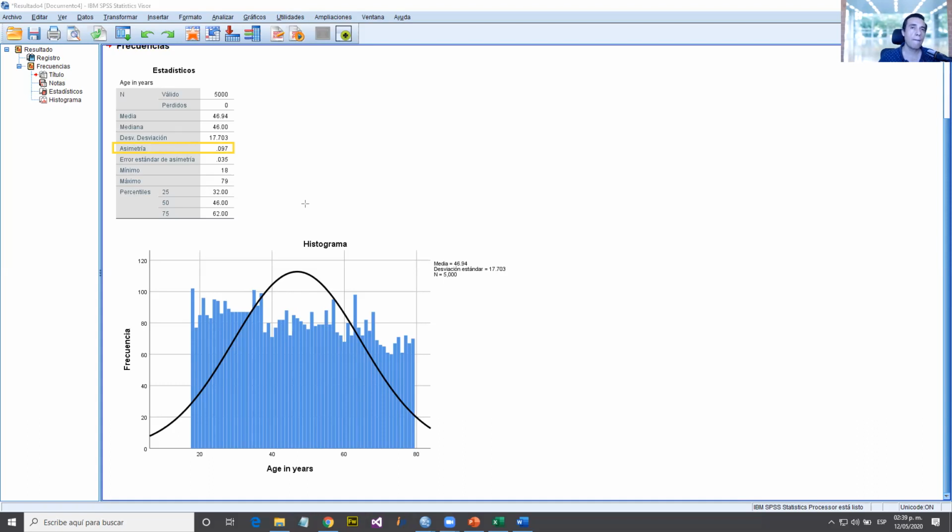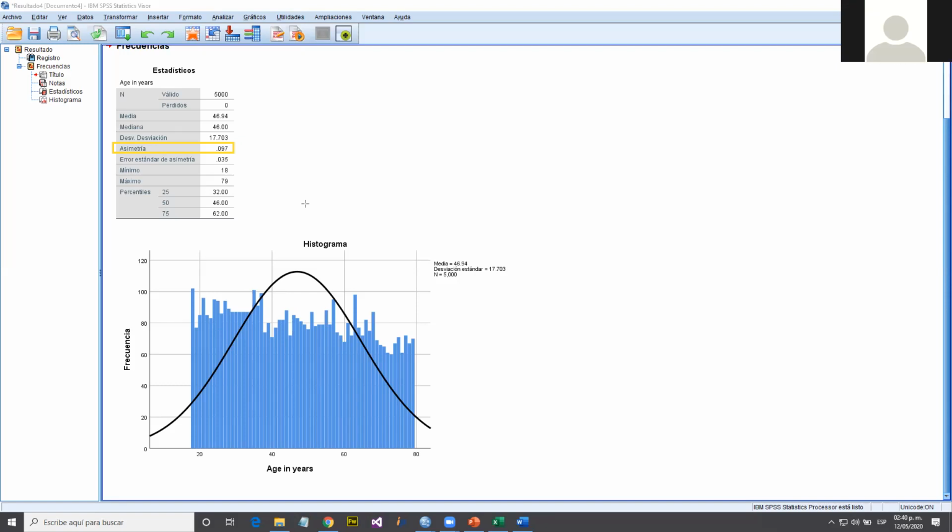But since it's a positive number, it means that we have more young people. Yes, that is correct. What else? Okay, so if it's 0, same amount of people, and if it's negative, then more older people. Yes, exactly. In this case, because it's age. But if we were talking about income, the money that they get, if that one was negative, it would mean that more people earn more money.